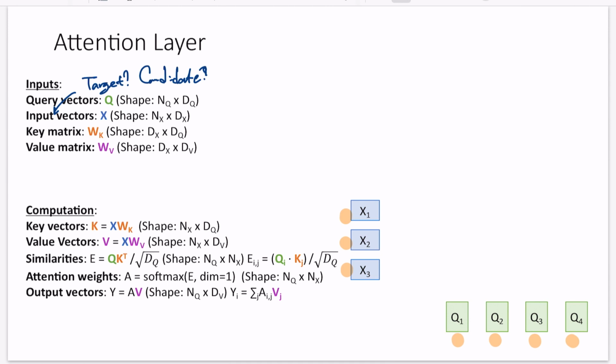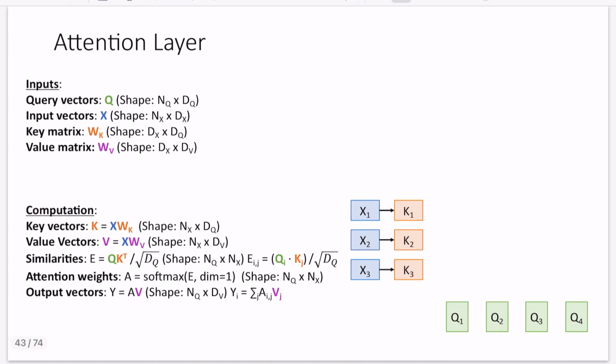Anyway, given query vector and X vector, matrix Q and matrix X, first of all, just embed X to the K vectors by using the K matrix. This is the embedded X vectors.